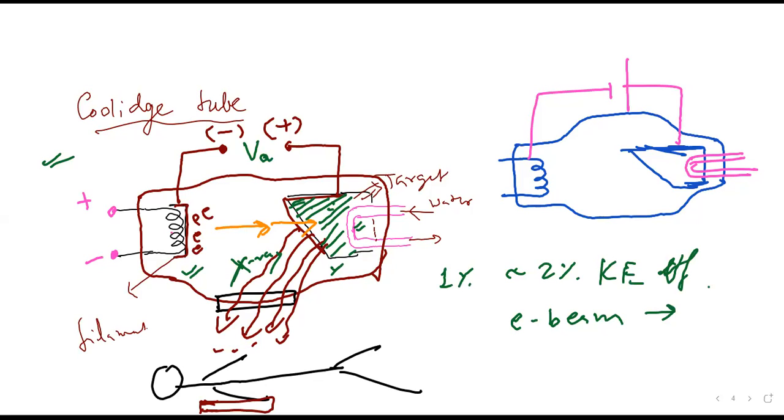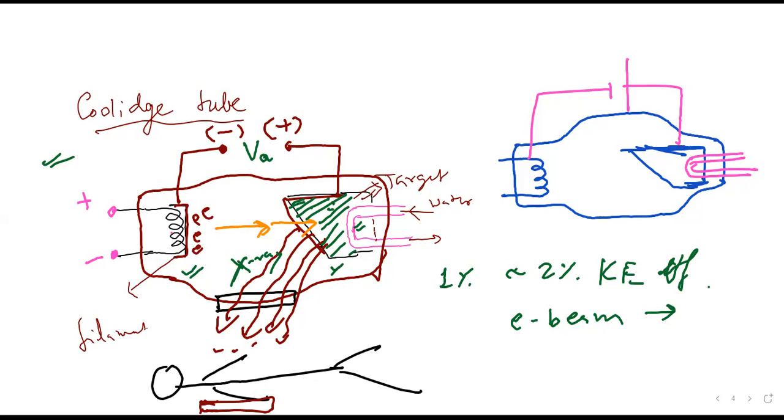Any idea? So first, we can increase the energy by increasing the speed of the electrons, because energy is conserved. By increasing the kinetic energy of the electrons, we can increase the energy of the X-rays.